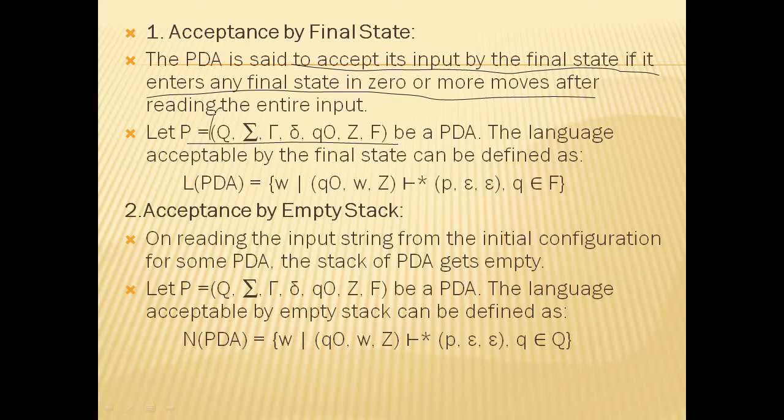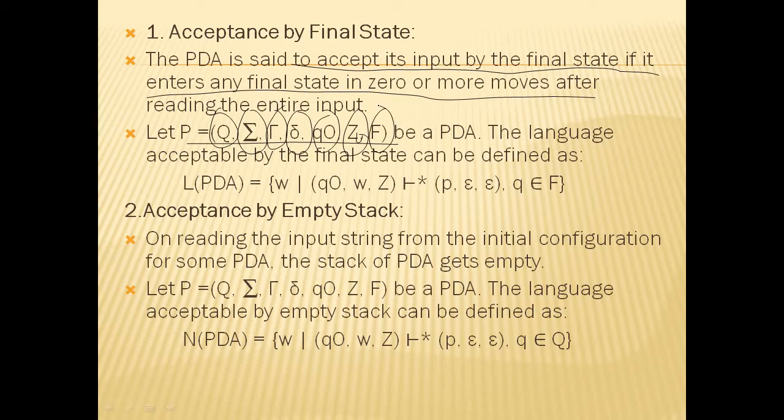Q means set of states, sigma is input, gamma is the stack, delta is the transitions, Q naught is the starting state, Z naught is the empty stack symbol, and F is the final state or acceptance state.